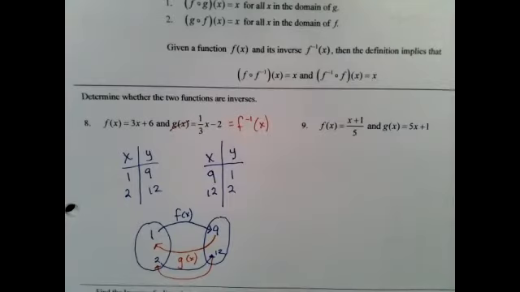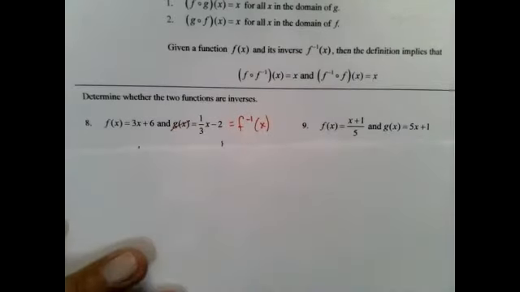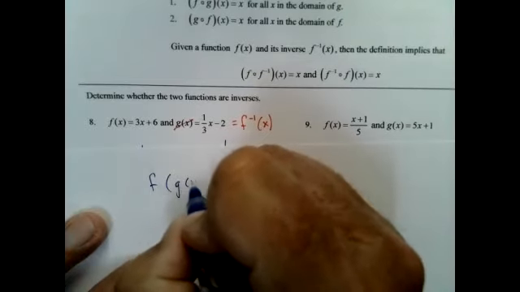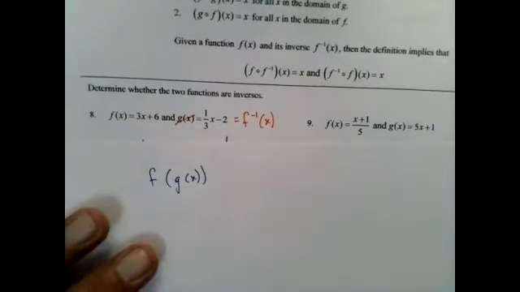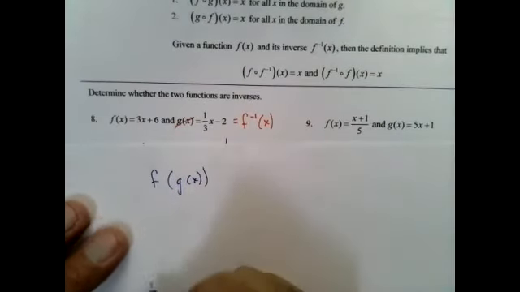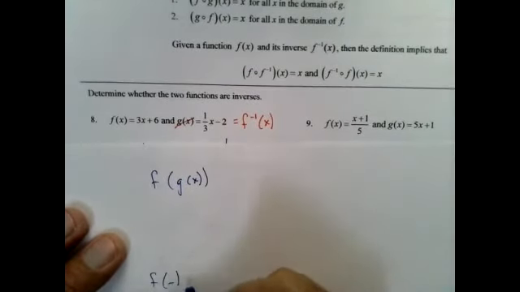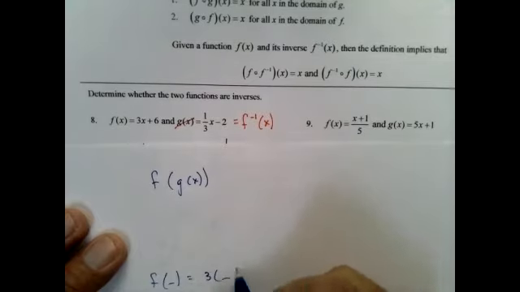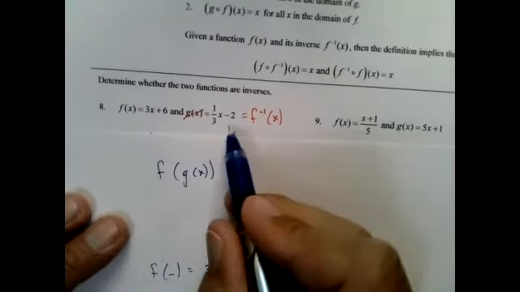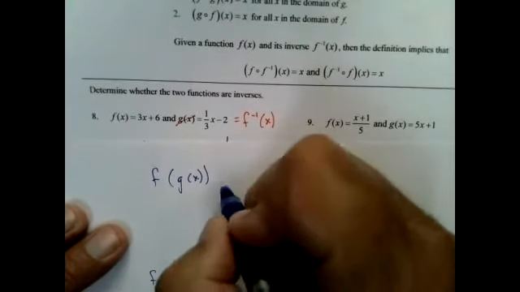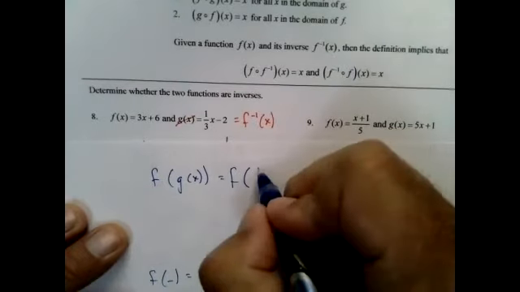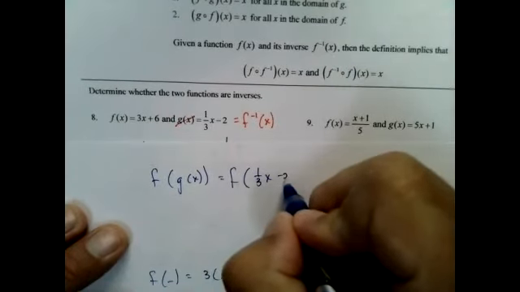Well, this is kind of cool what happens with these bad boys. If I said f of g of x, and I said, okay, f of x is 3x plus 6. So f of blah equals 3 times blah plus 6. Now, g of x is 1/3 x minus 2. So this is going to equal f of 1/3 x minus 2.